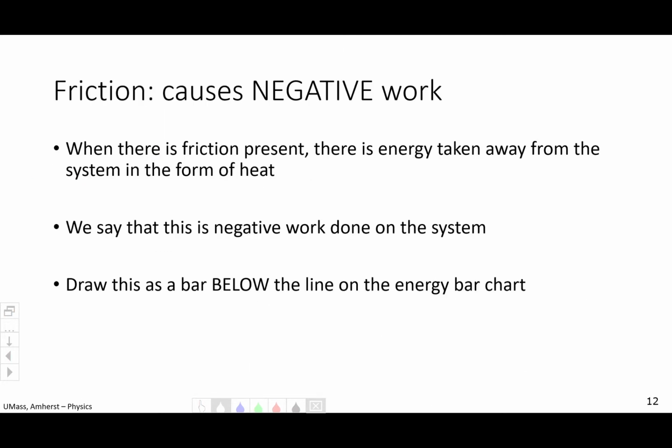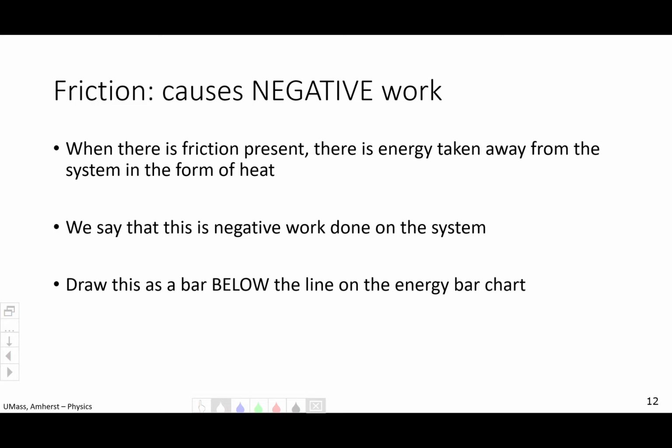Okay. Now, let's talk about this. Friction causes negative work. What? Negative work? What's going on here? Oh my God, everybody panic. So, when there's friction present, we lose some energy that is present in the system. Okay, so this is one of the major problems in engineering, is losing energy by transforming it into heat due to friction.